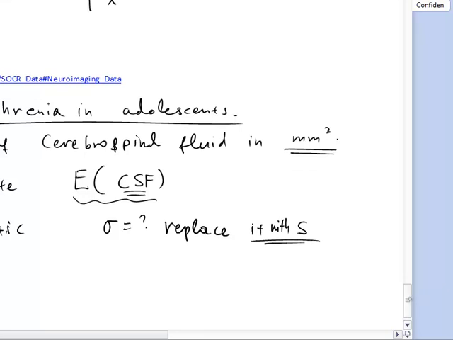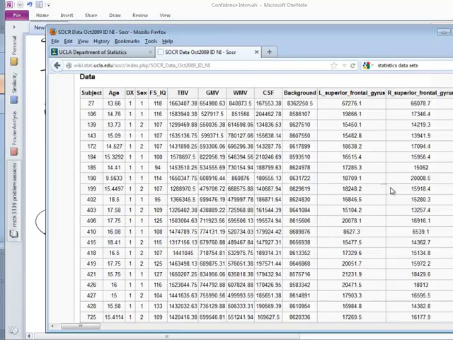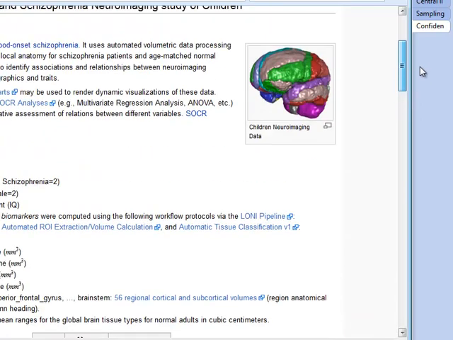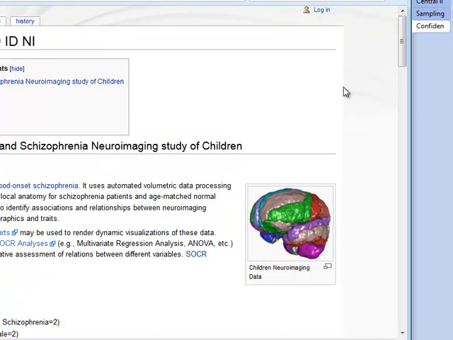So you can proceed. Here is the data set once more, and you can actually see the data set that I'm using. You see the link, SOCR datasets, normal and schizophrenia neuroimaging study of children.